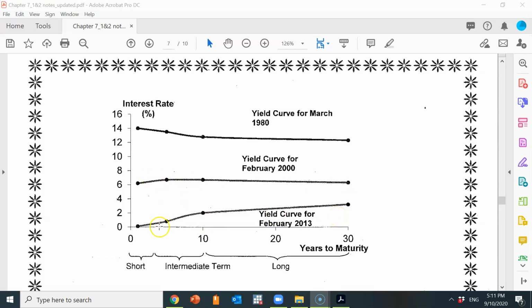So the yield curve can be upward sloping, downward sloping, or flat. Usually, in good economy, the yield curve is upward sloping like this one. In bad economy, it could be downward sloping, and in between times, it could be flat.